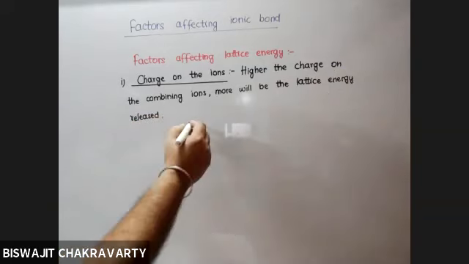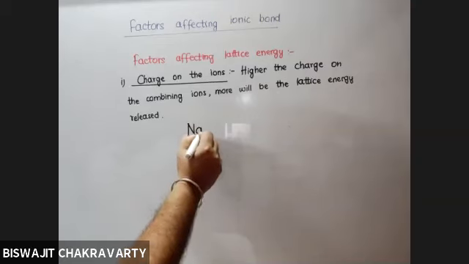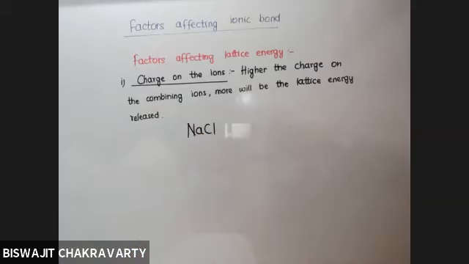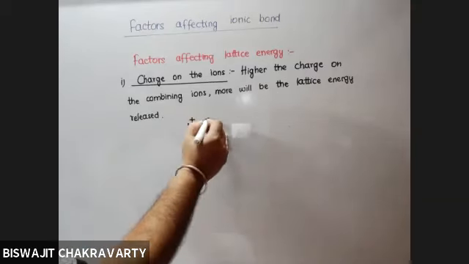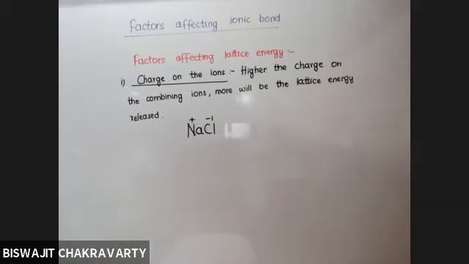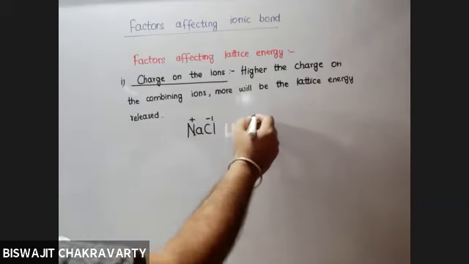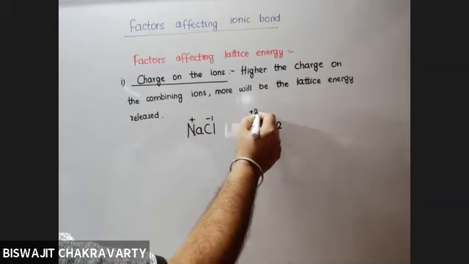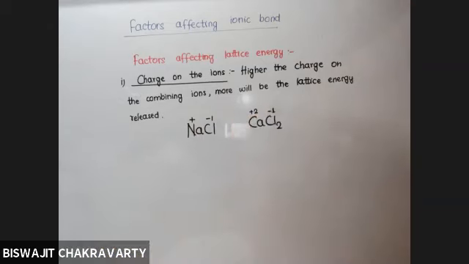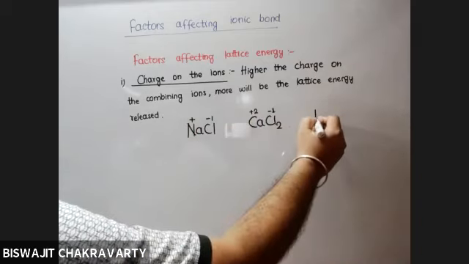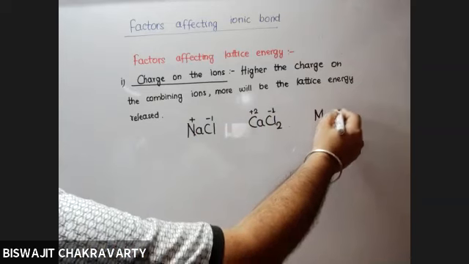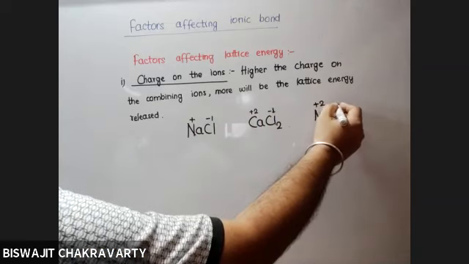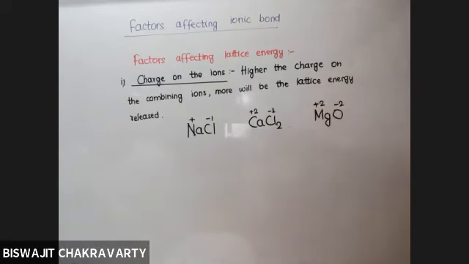Say we have sodium chloride. You know that the charge on sodium is +1, chlorine is -1. We have calcium chloride: calcium is +2, each chlorine is -1. And MgO: magnesium is +2, this is -2.